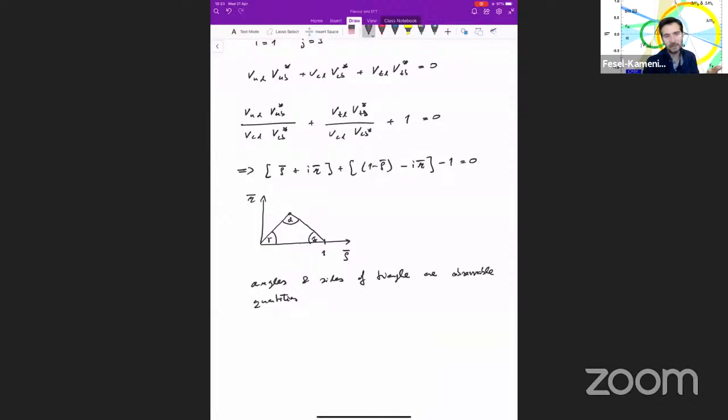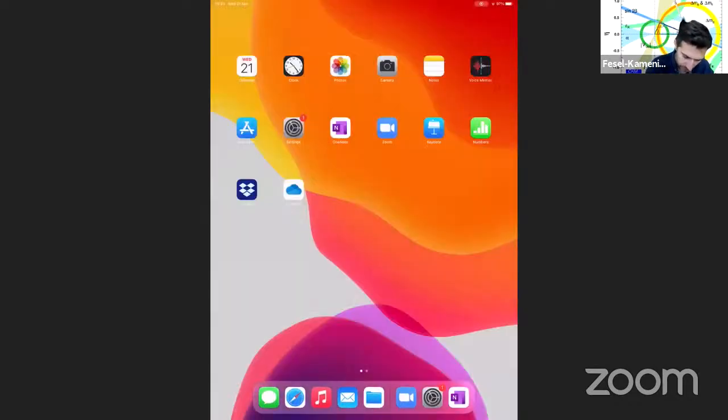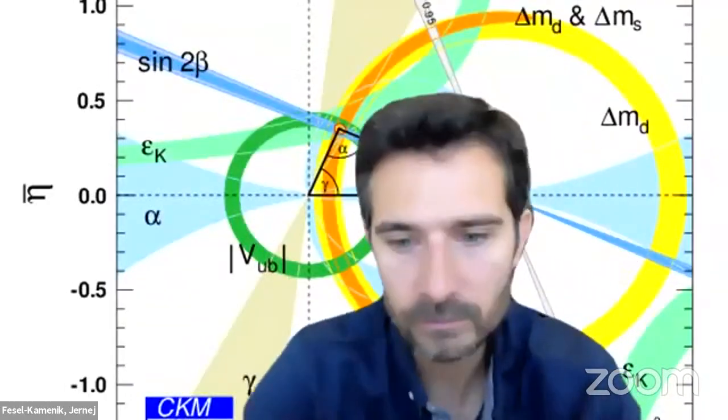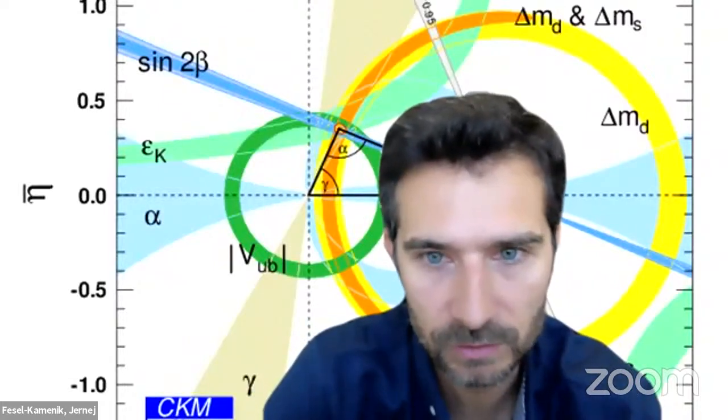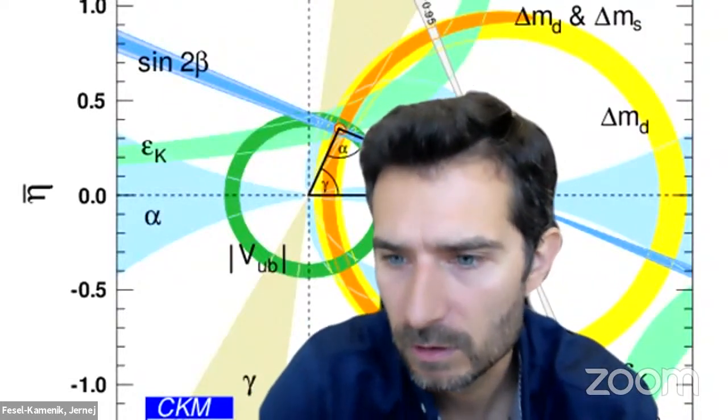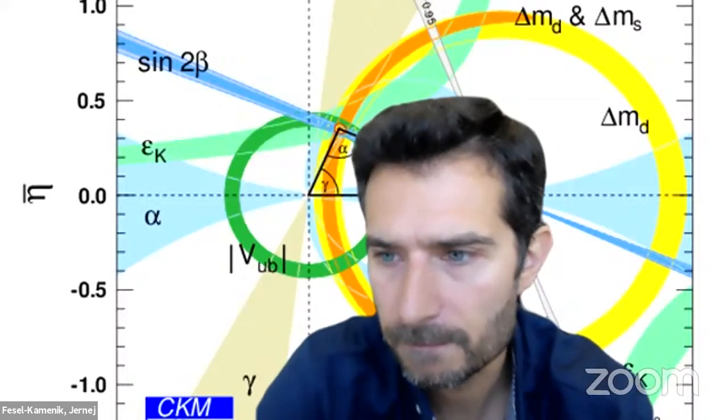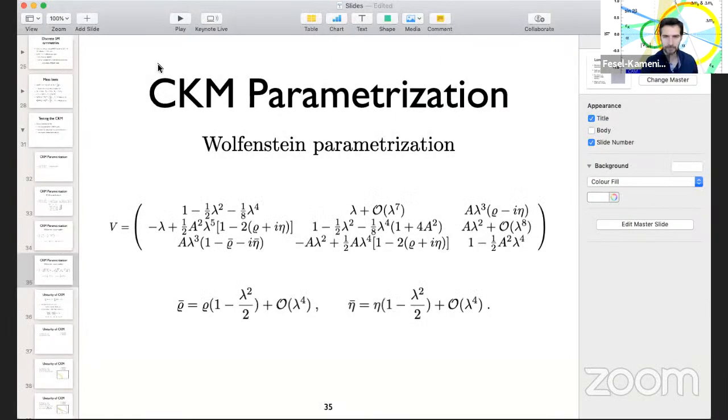In this case, we've chosen a particular projection plane in this 4-dimensional parameter space, and we can project all the measurements which are sensitive to the standard model CKM parameters onto this plane. Let's see how this plays out in practice. So let me switch back to the slides.